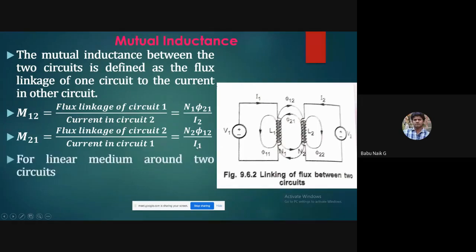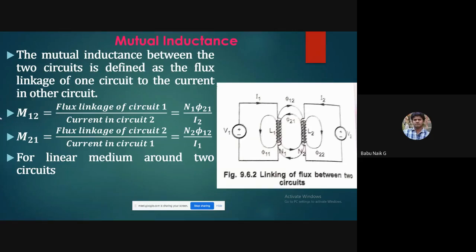This mutual inductance depends mainly on the medium surrounding the two circuits. If we consider it without ferromagnetic material, then the mutual inductances M12 and M21 are equal.